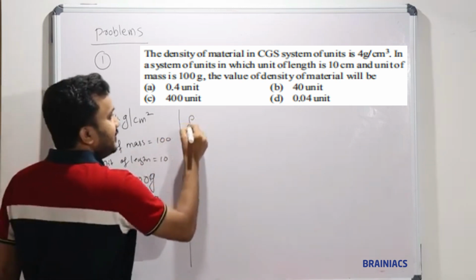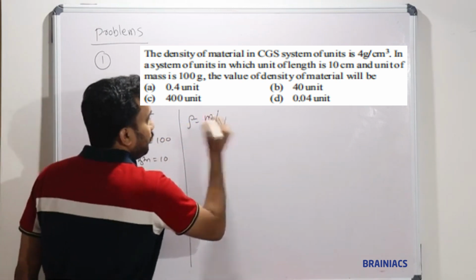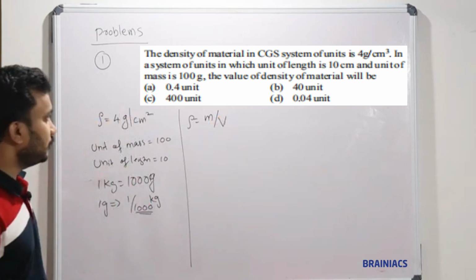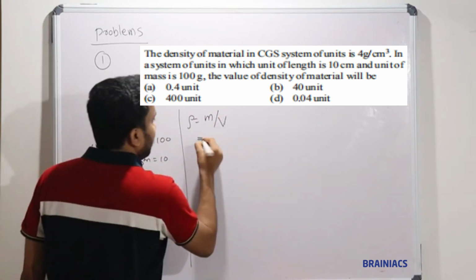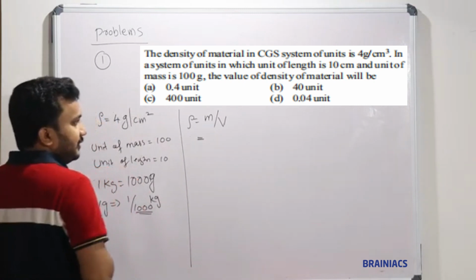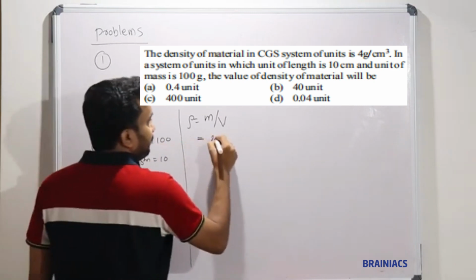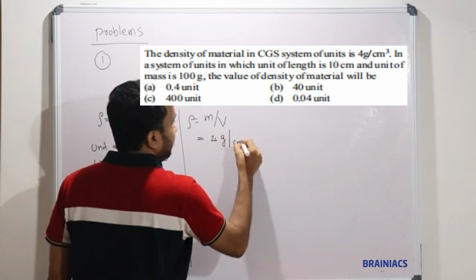So we'll write density equal to mass divided by volume. The density of the material is given as 4 gram per centimeter cube.